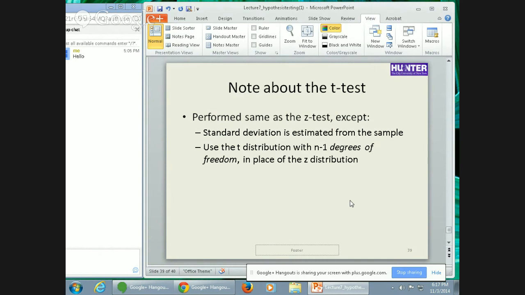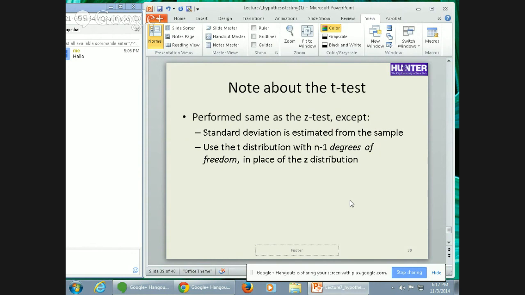In the power calculation, the things that you'll generally consider are how big of a difference is actually meaningful, important, how big a sample size do we have or can we have, and what type 1 error rate and what power do we want.